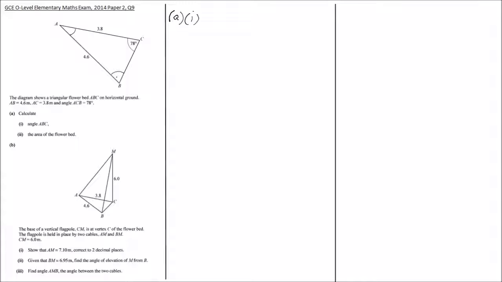Sine of angle ABC over the length of the side opposite, which is 3.8, is equal to sine the given angle here, 78 degrees, over the length of the side opposite this angle, 4.6.